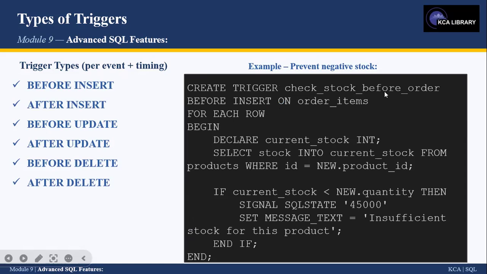Create trigger check_stock_before_order, before insert on order_items, for each row, begin declare current_stock, then select stock into current_stock from products where ID is NEW.product_id. If current_stock is less than NEW.quantity, then signal SQLSTATE '45000', set message text 'Insufficient stock for this product', and end if.